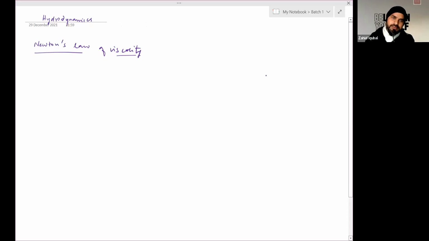According to Newton, liquid in a particular tube or chamber or any object always flows in a layer by layer structure like this.